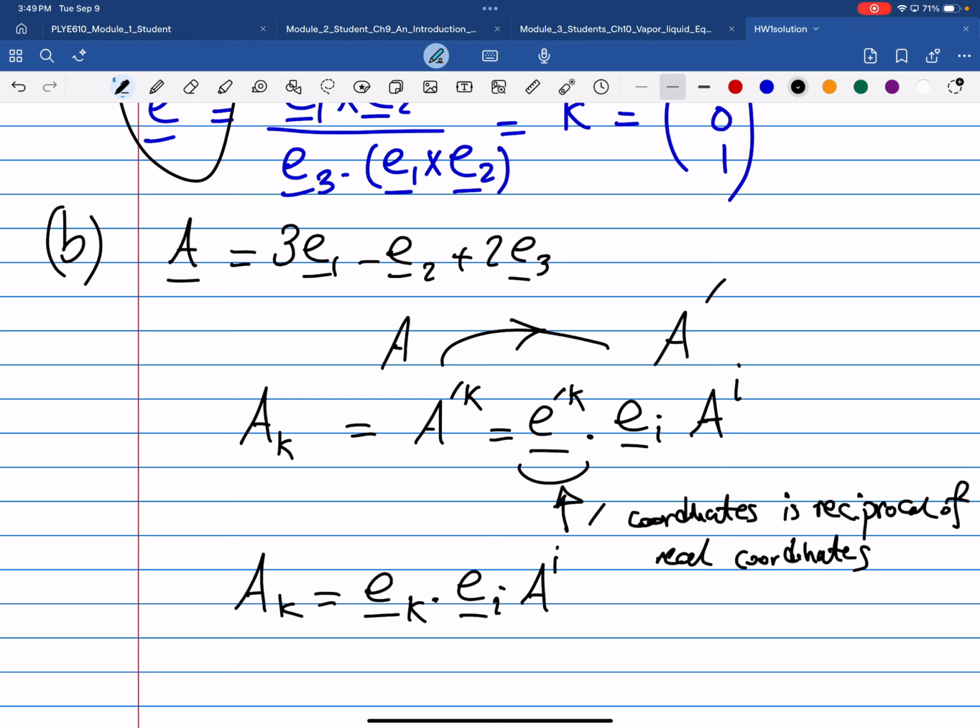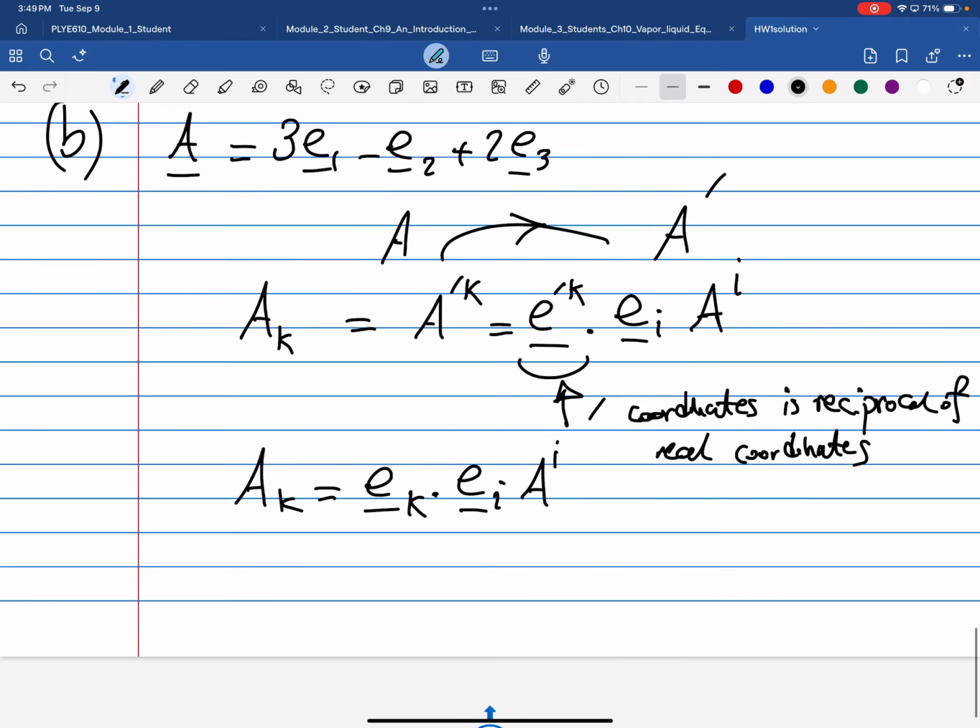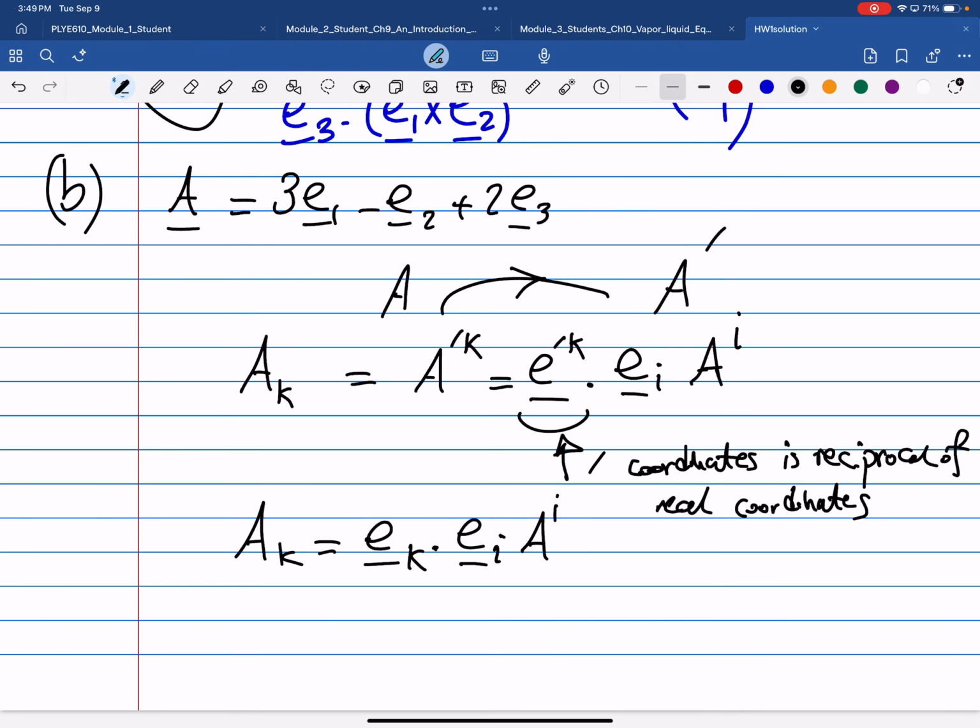I'm writing it intentionally like this because I want to get somewhere with this. So what is E K dot E I in terms of the things that we have defined? It's not delta, that is a little bit simplified.